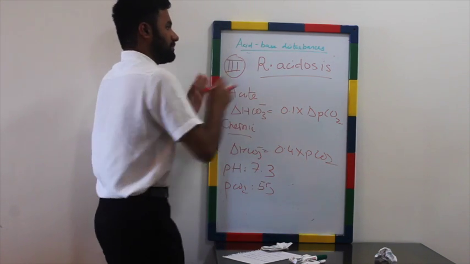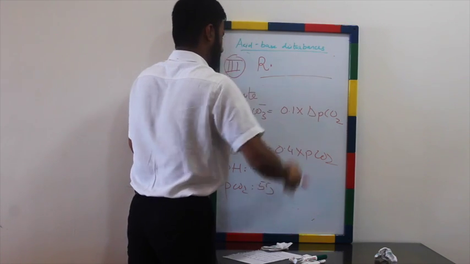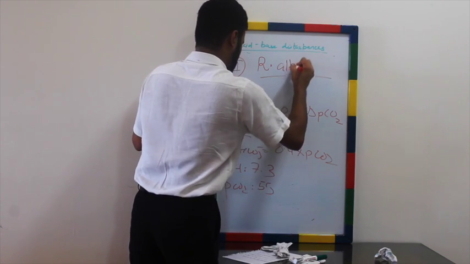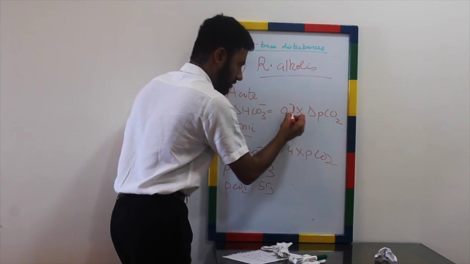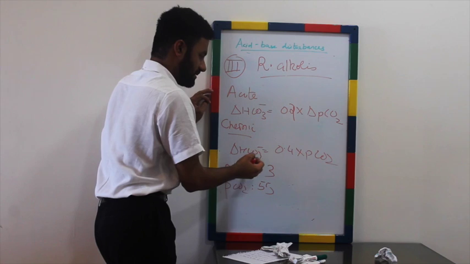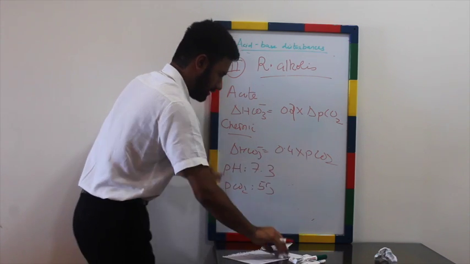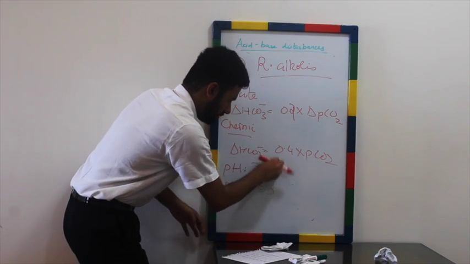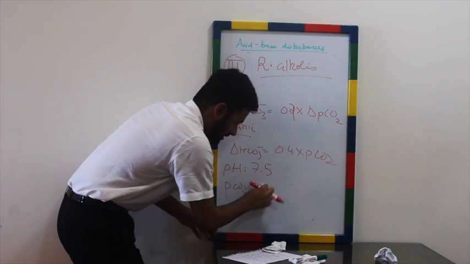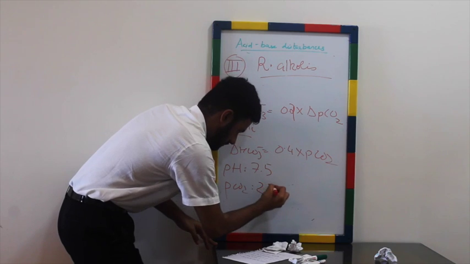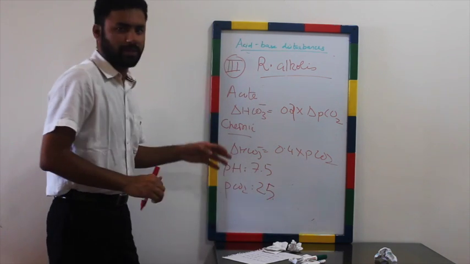Similarly, for respiratory alkalosis, in an acute respiratory alkalosis it is 0.2. In chronic respiratory alkalosis, it is 0.4. Now let's say the pH is 7.5 and the PCO2 has come down to 25. The patient is hyperventilating.